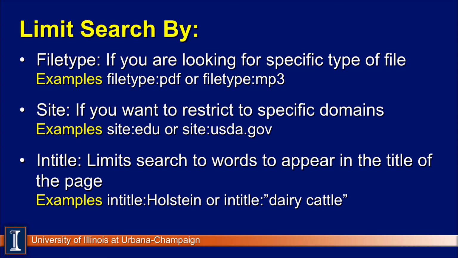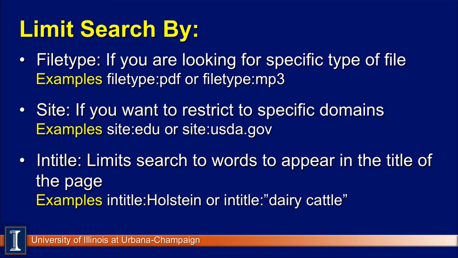The other is site. If you want to limit your search to a specific site or domain, what you can do is put in, like in this example, site:edu. That will only bring you results from places like illinois.edu. Or you can get more specific, like the next example, site:usda.gov.